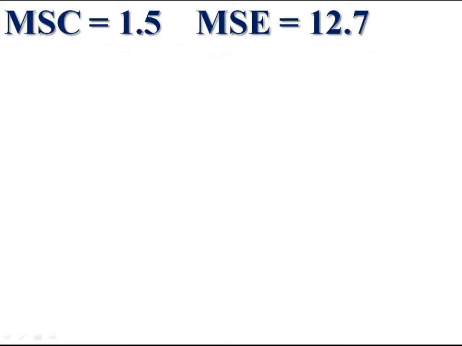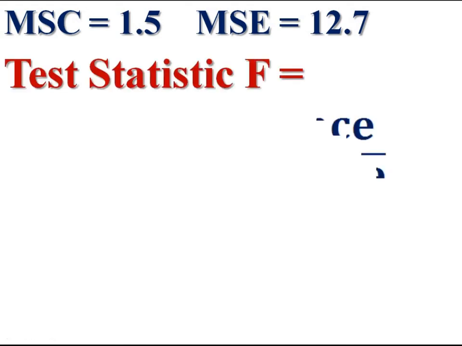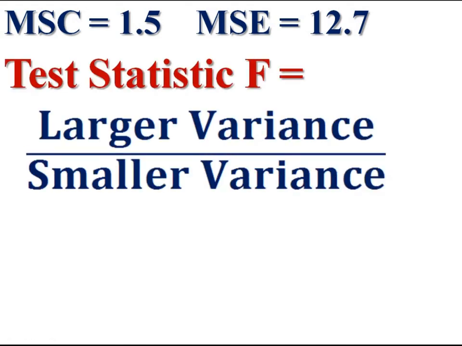For computing the test statistic, we have 2 variances. MSC 1.5 is a variance. MSE 12.7 is another variance. For the computation of F ratio, we have these 2 variances, 1.5 and 12.7. Test statistic F is equal to larger variance divided by smaller variance.